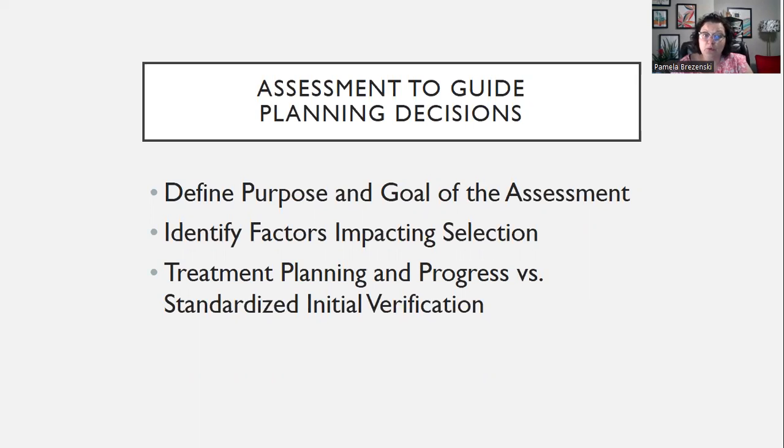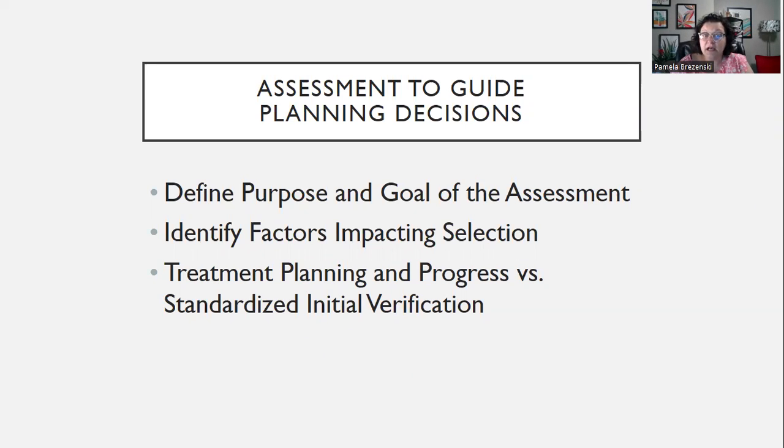And then a third component that we have is treatment planning and progress versus standardized initial verification. There are a lot of reports that you will be able to access for students who are already qualified. However, what you need to do is identify more elements for treatment. Those might be informal checklists, those might be other components.